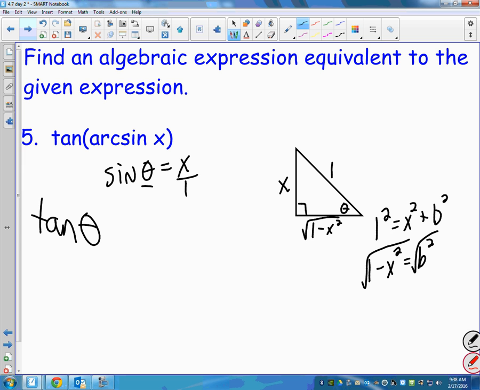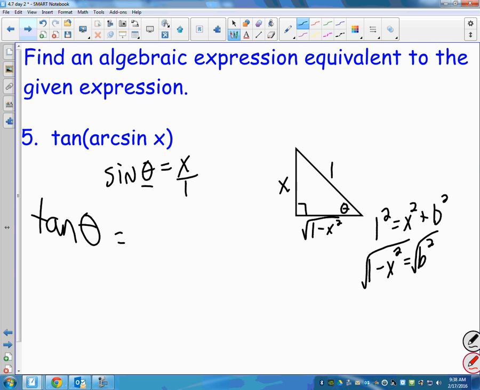So now what's great about the triangle? Can you tell me the tangent of that theta? We got all this stuff with unit circle and wrapping, and now we're kind of going back to basic triangles, saying tangent is opposite over adjacent.